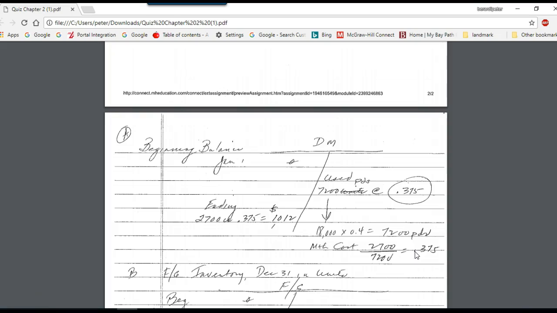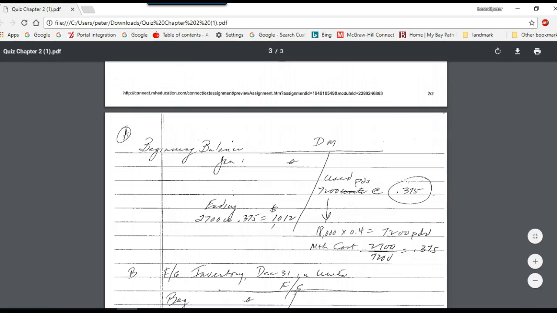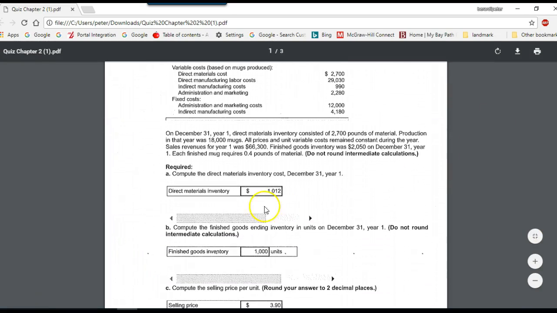They told us that the inventory consisted of 2,700 pounds. So simply take the 2,700 pounds at 0.375, and your ending inventory for direct materials is 1,012, which is right here.